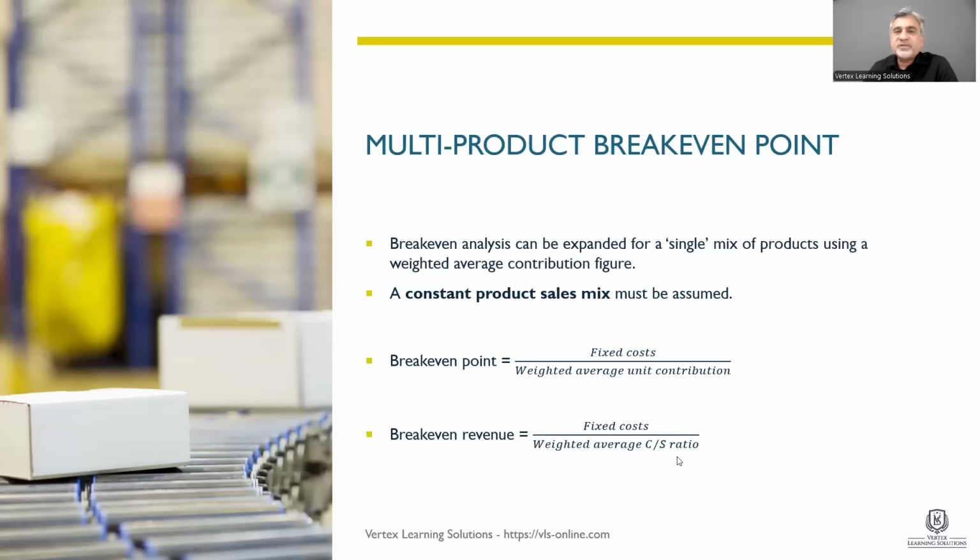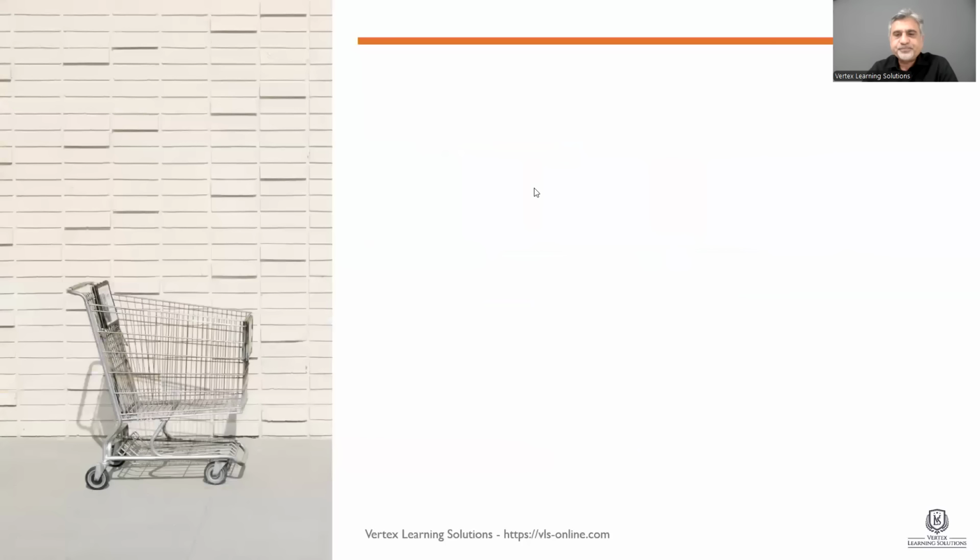For single product, you had the same formula, fixed cost divided by CS ratio. This time you only add weighted average because there are more than one product. You have 2 or maybe 3 products, so you need to calculate weighted average.